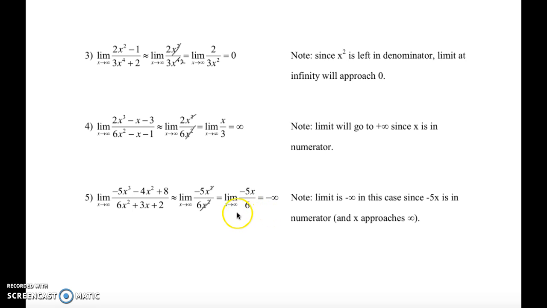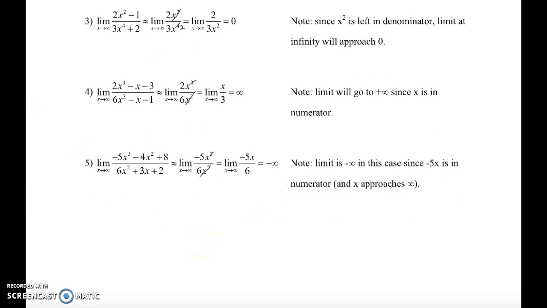Now remember, we're approaching positive infinity. So as x approaches positive infinity, it is affected by this negative on the 5. And because that negative is in the numerator, it's actually going to approach negative infinity as x gets closer to positive infinity.